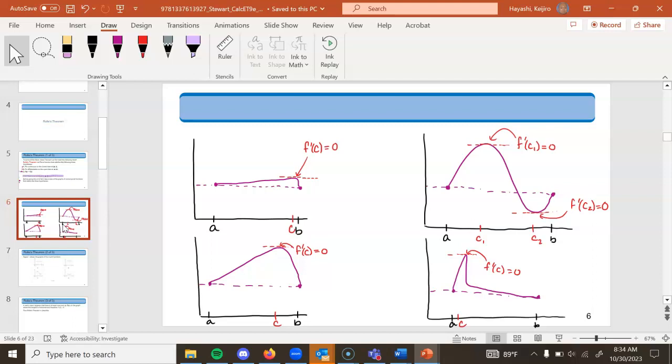It just tells you that it exists somewhere between A and B. It doesn't really help any more than that in determining where C is. It's just another one of those, kind of like the intermediate value theorem, existence theorems.